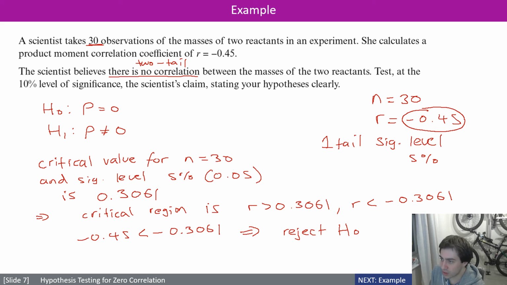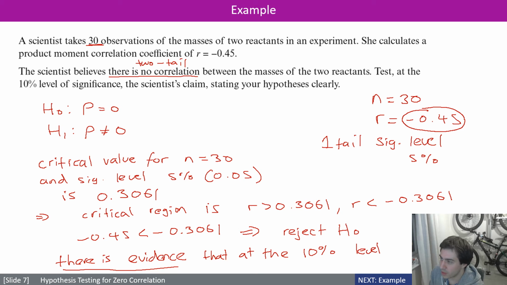Then we would conclude in a final sentence: there is evidence, and you want to phrase it that way, there is evidence that at the 10% level, and remember your evidence is dependent on your significance level, there is a correlation between, and then talk about the reality of the situation, the masses of the two reactants.